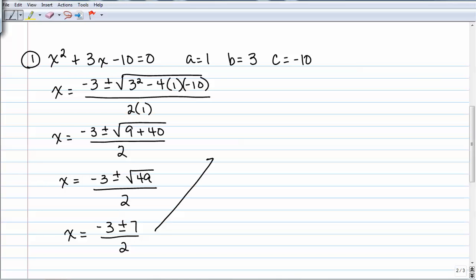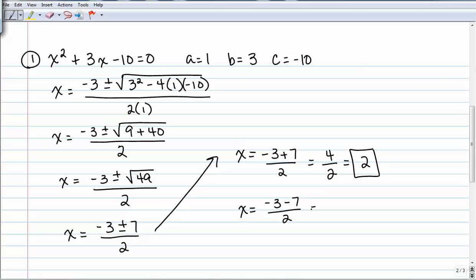Realize that that is two equations. x equals negative 3 plus 7 over 2, and x equals negative 3 minus 7 over 2, or 4 over 2, which is 2, or negative 10 over 2, which is negative 5. And those are our two solutions.